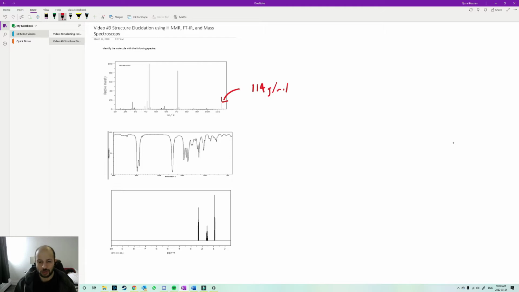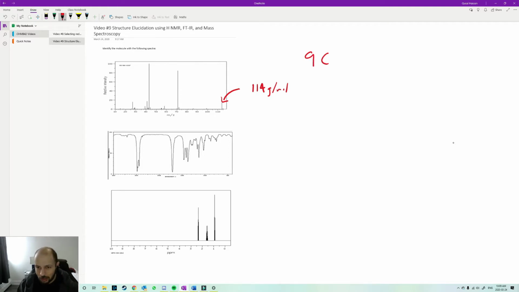Okay, 114 now. From that, I can get a few possible molecular formulas. Let's ballpark it. What if I have 9 carbons in my compound?